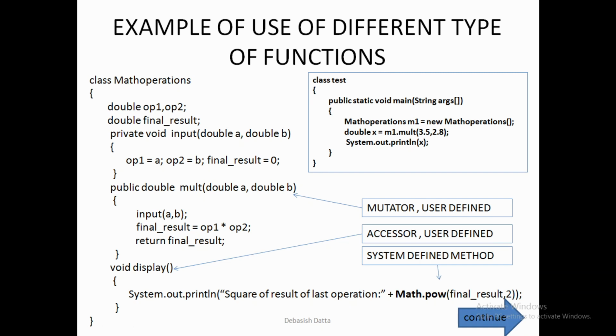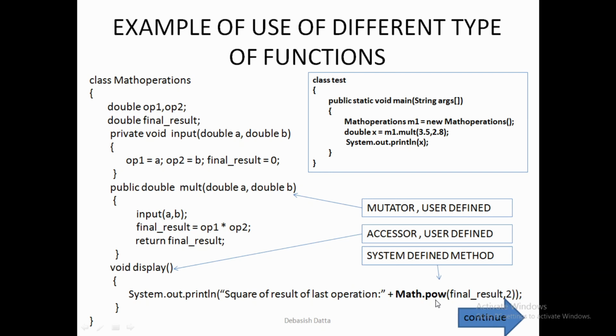The next thing which I want to emphasize is that you can see whenever I called a function, here I have called the merge function inside the test class, and inside the math operation class I have called the input function. The function definitions are there, as you can see here. But for the pow function, there is no such function definition available in this program. So how does it work?